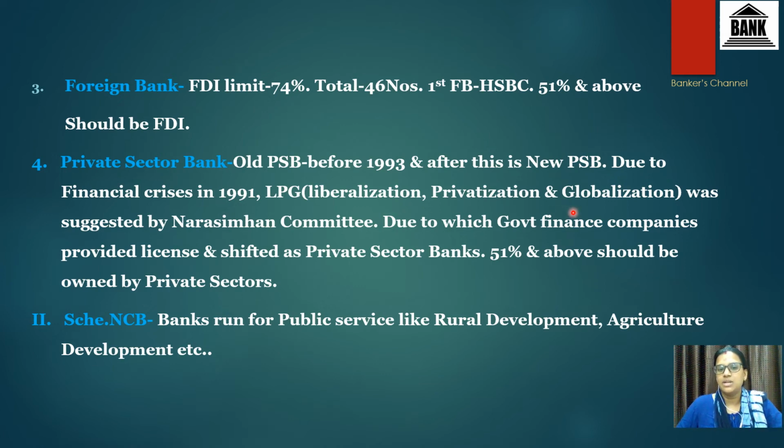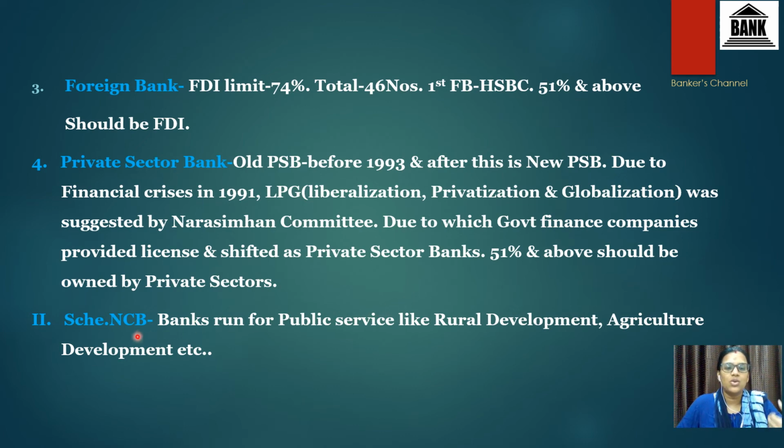They also recommended that government financial companies could be provided a license and shifted to private sector banks, and based on their recommendation the government financial companies were provided licenses and shifted to private sector banks. The basic criterion for a private sector bank is that 51% and above of the shares will be owned by the private sector.